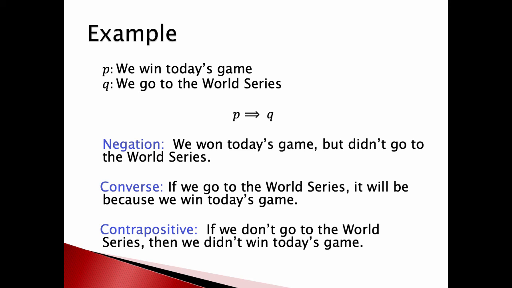P implies Q would be, if we win today's game, we go to the World Series. The contrapositive of that would be, if we don't go to the World Series, then it's because we didn't win today's game. And you see, that's exactly the same sentence, right? Just rewritten so that one's the contrapositive of the other.